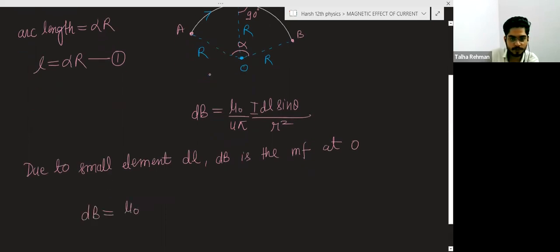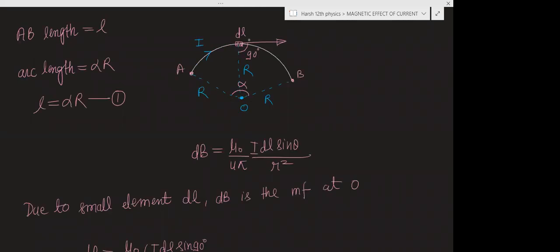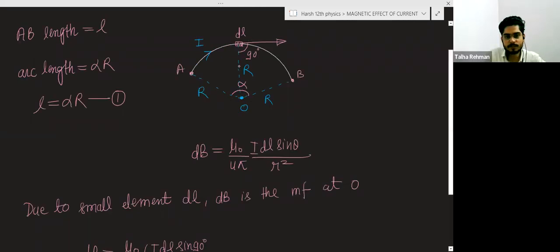Now mu naught upon 4 pi will remain the same. We have the current I and dl. What is sine theta? Sine 90 we will take. What is the angle between r and dl?